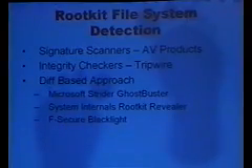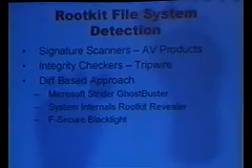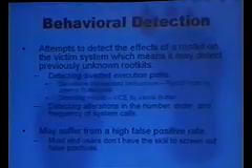Difference-based approaches are going to compare an upper level API call, like give me the list of files, to a very low level one like a disk scan. If you compare the two and there's a difference, you obviously have a rootkit. The different tools that do this currently are Microsoft Strider GhostBuster, Sysinternals' RootkitRevealer, and F-Secure BlackLight.